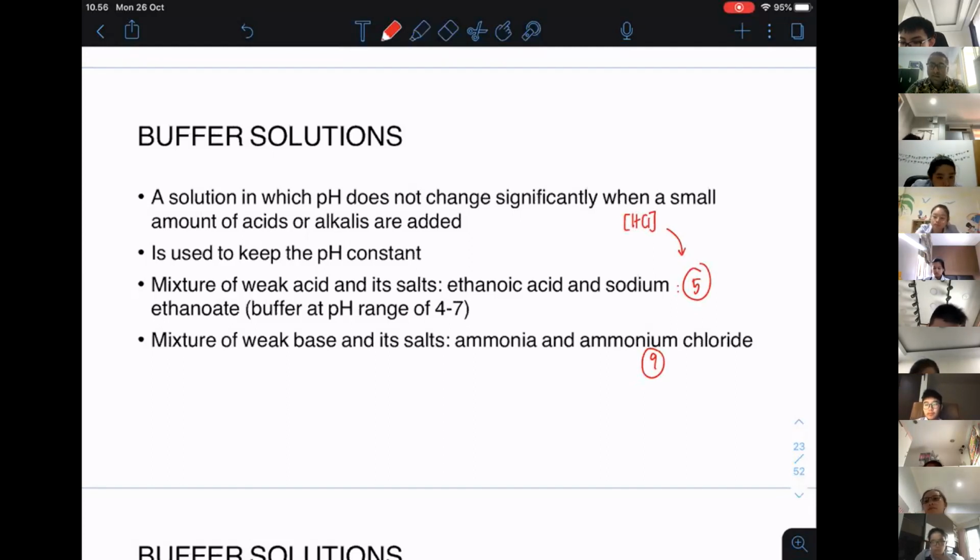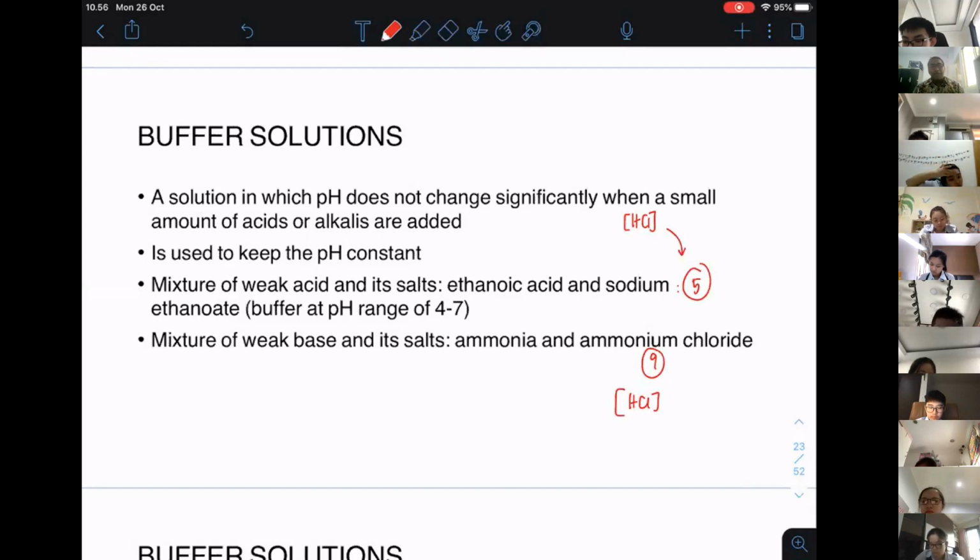The answer is no. If I add a small amount of HCl here, will the pH of 9 change maybe to 8? The answer is no. That is the function of a buffer solution, because they try to reduce or resist the change.